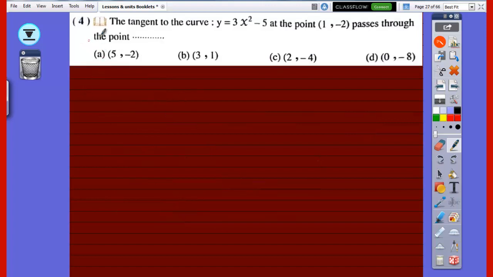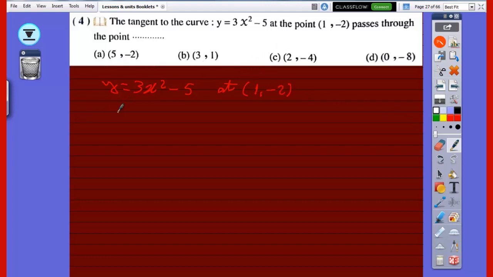Question number 4. The tangent to the curve y equals 3x squared minus 5 at the point (1, negative 2), but through one of these points.